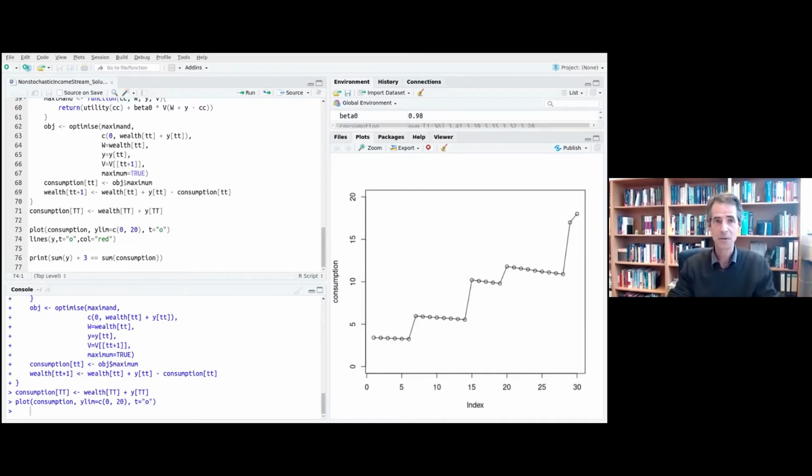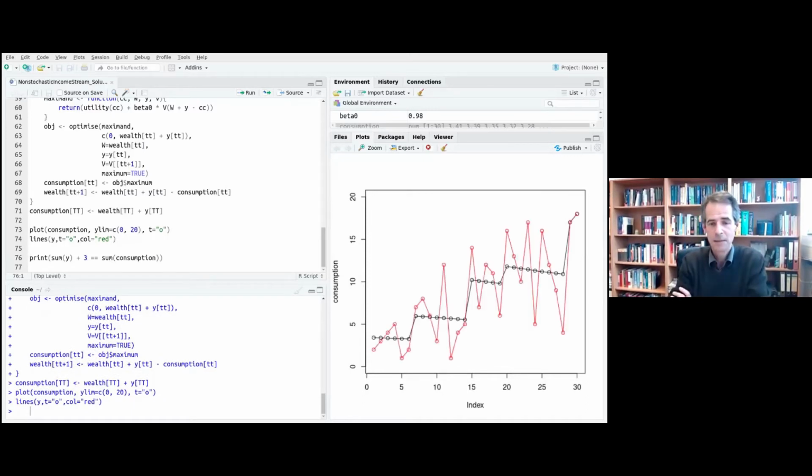Well, that's of course a consequence of the liquidity constraint. This would be the time path of incomes. So we start with low incomes, and towards the end we have higher incomes. But we can't use these higher incomes because we can't go into debt. And therefore we have to start with relatively low values of consumption.